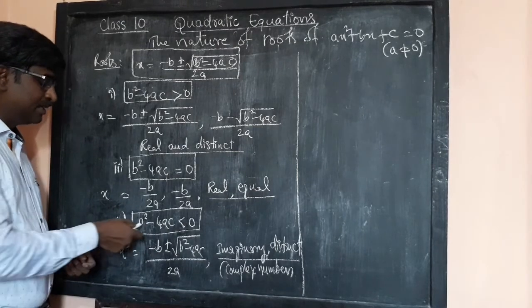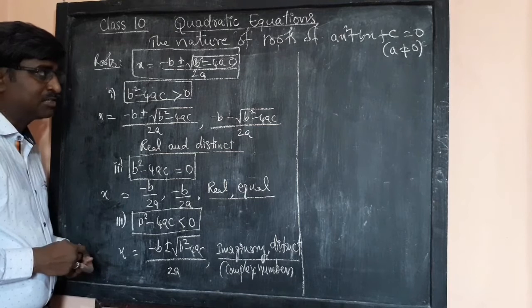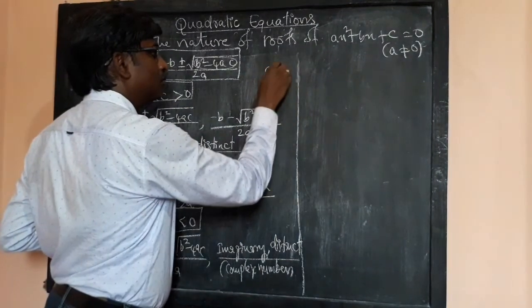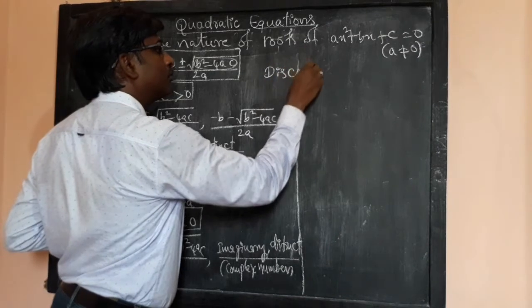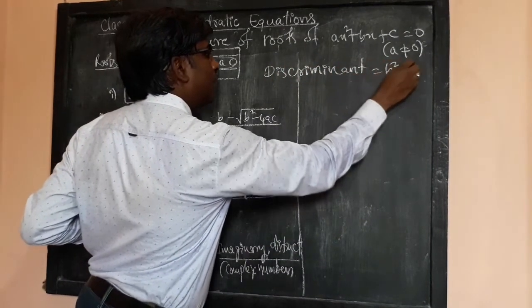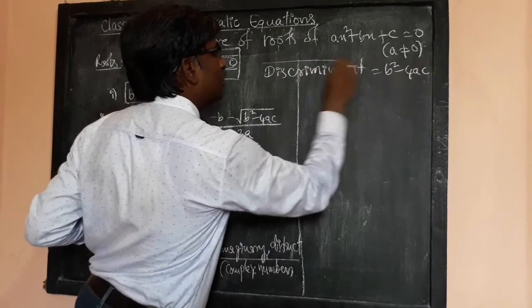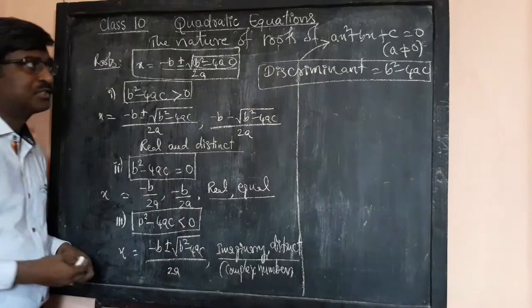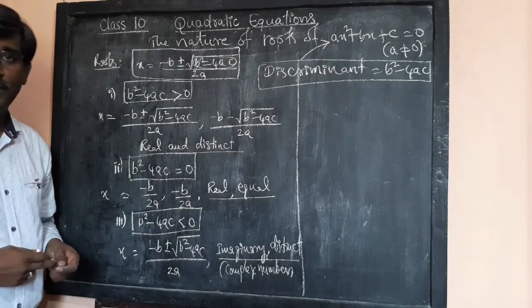That's why this b square minus 4ac is called the discriminant. b square minus 4ac is called the discriminant of this quadratic equation ax square plus bx plus c equal to 0.